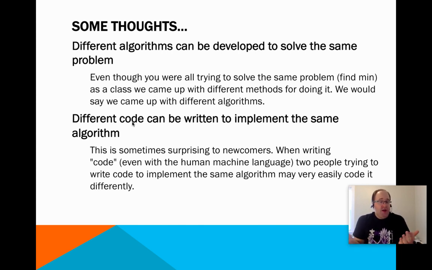But they both work. And we could argue later on about, again, what is efficient, what is best, what is the correct way of doing this. But there is a lot of room for creativity. There's a lot of room for differing opinions. And there's a lot of room for personal preference when it comes to working on a problem, figuring out a strategy, and then writing code to implement that algorithm.